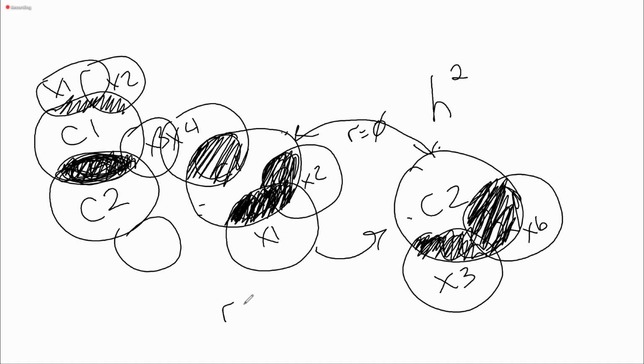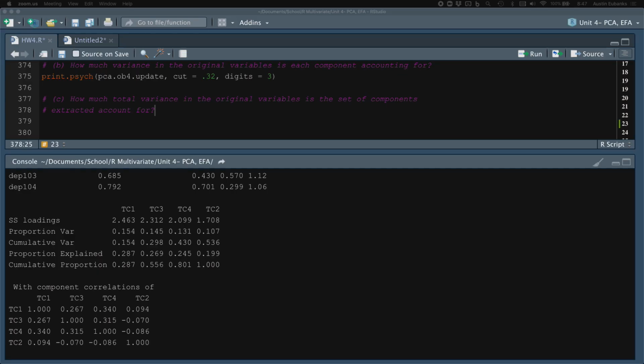So it's the correlation between, say, all the x variables and component 1, but partialing out the correlation between C1 and C2. And that's why it's acting cumulatively. I'm pretty sure that's what's happening. But that's why it shouldn't be additive, because the components are also to some extent correlated with each other.